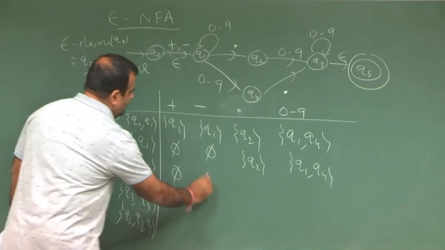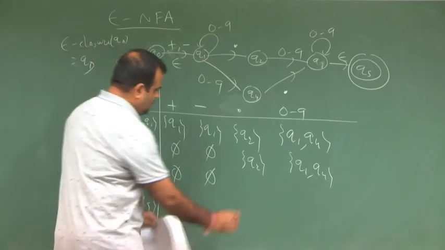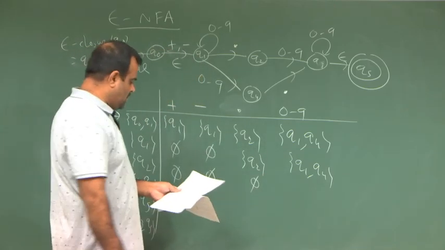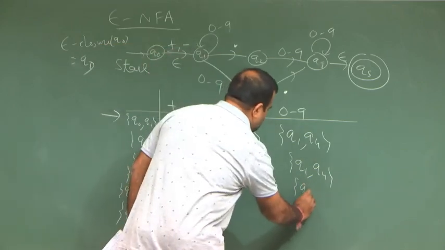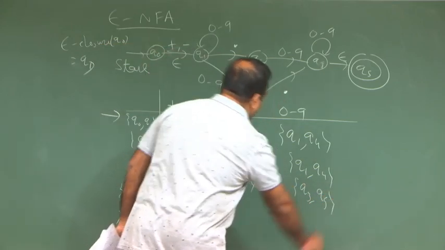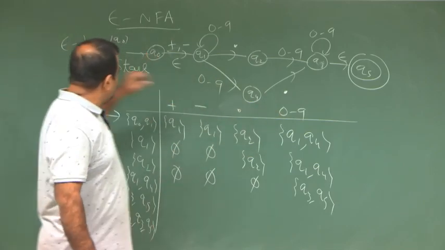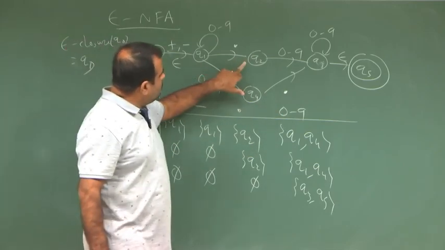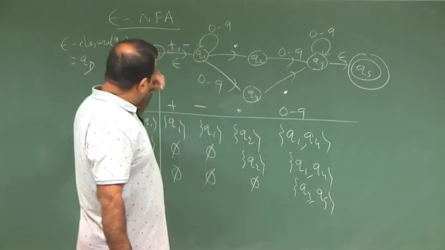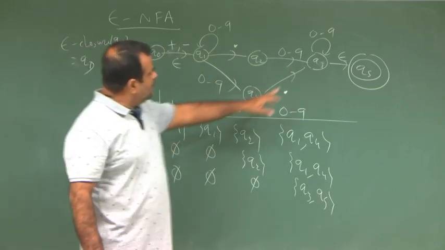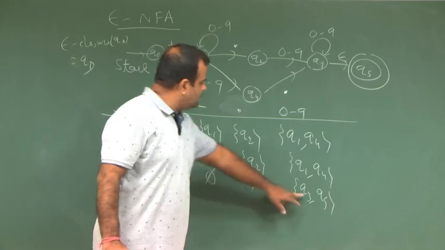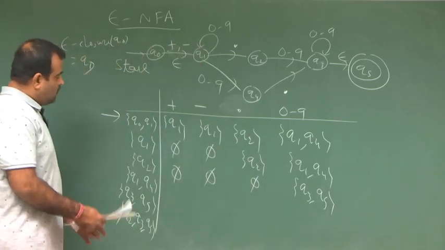This will be empty, empty, and again empty, and this will be q 3 q 5. Because from q 2, if we have a digit, where can we go? From q 2 we can go to q 3, and from q 3 again by epsilon move we can go to q 5. So, q 3 q 5.